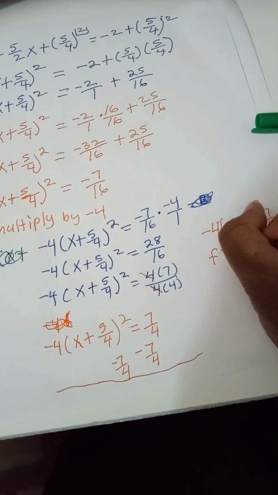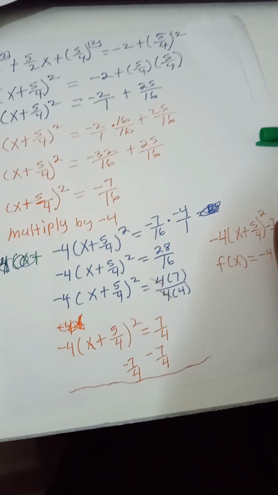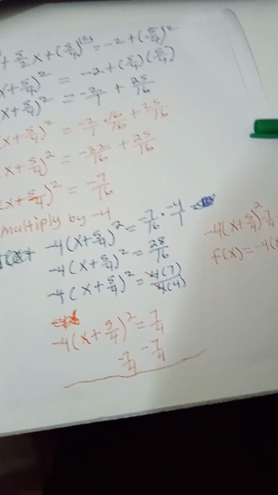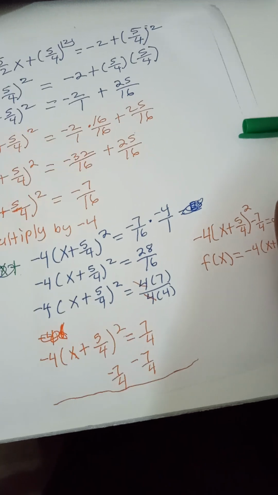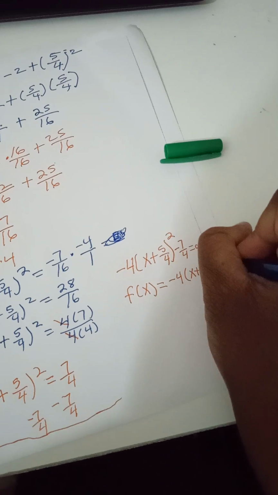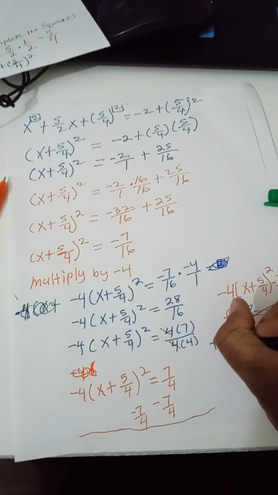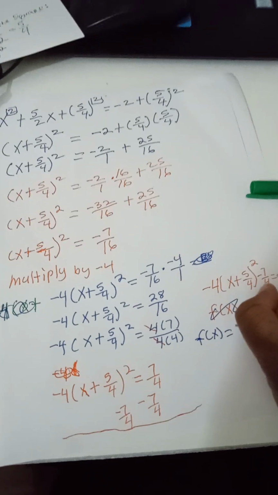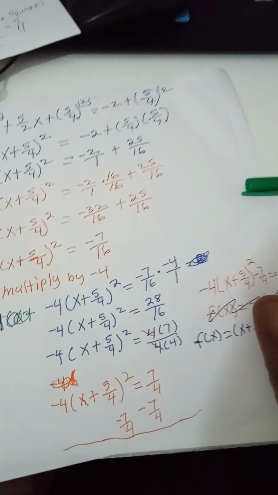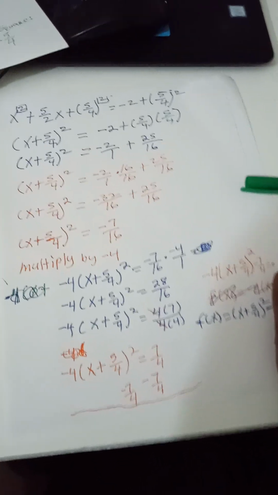So it's going to become f of x is equal to -4 times x plus 5/4 squared minus 7/4. Let's give ourselves some more room here.